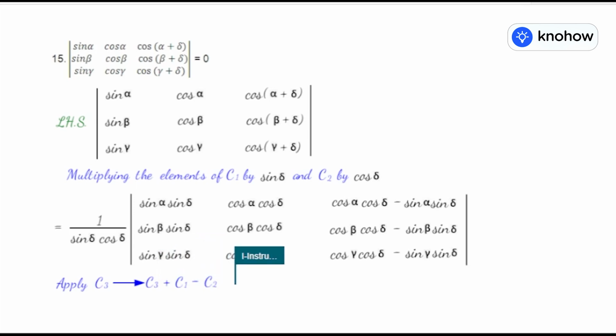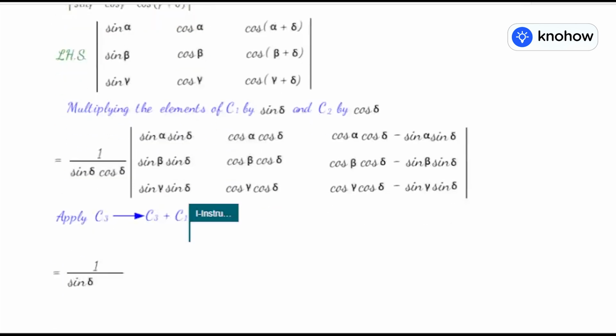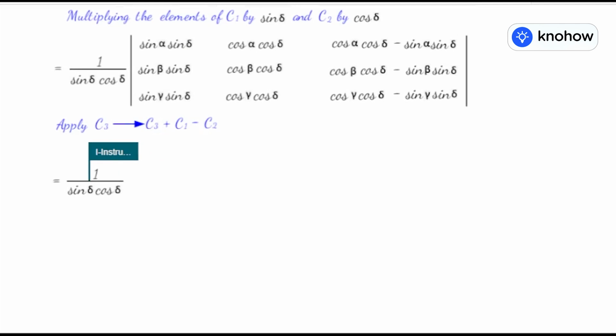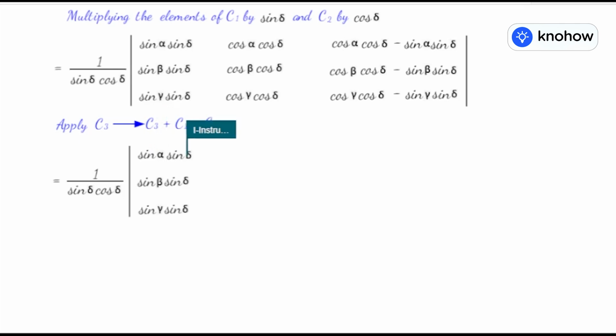So you have 1 upon sin delta cos delta, and in the first two columns you have sin alpha sin delta and so on, and cos alpha cos delta, rewritten as such.